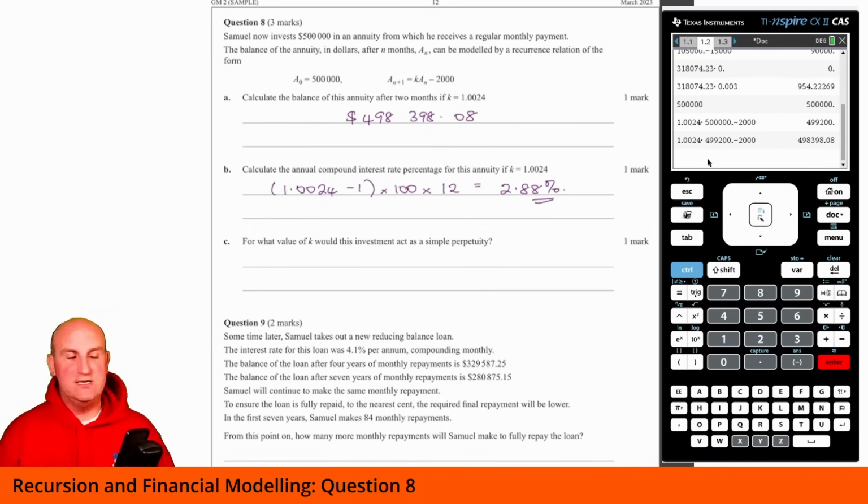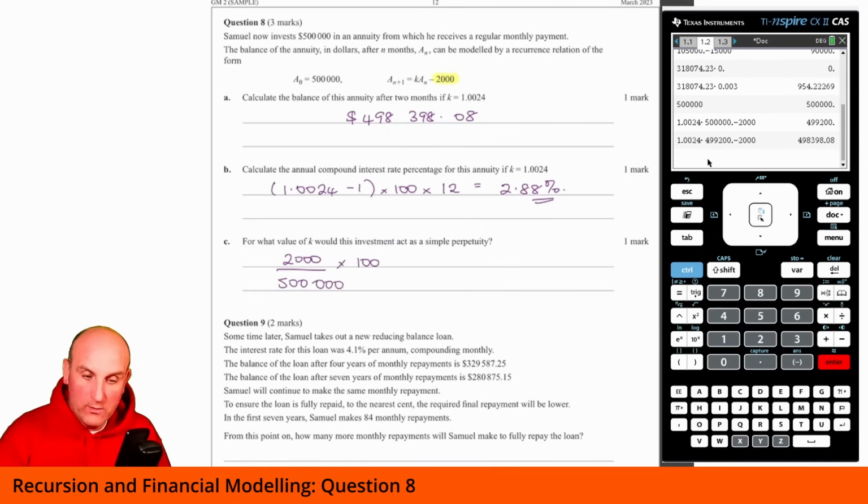For what value of K would this investment act as a simple perpetuity? I love perpetuities. Perpetuities basically just means that the money you're taking out of the account is basically created from just the interest. That's your interest. So in this situation, because we've got $2,000 coming out and we want to keep that $2,000 every single time, I'm going to work out my value is 2,000. I'm going to divide that by my 500,000 because that 500,000 is creating the 2,000 or my rate of interest.